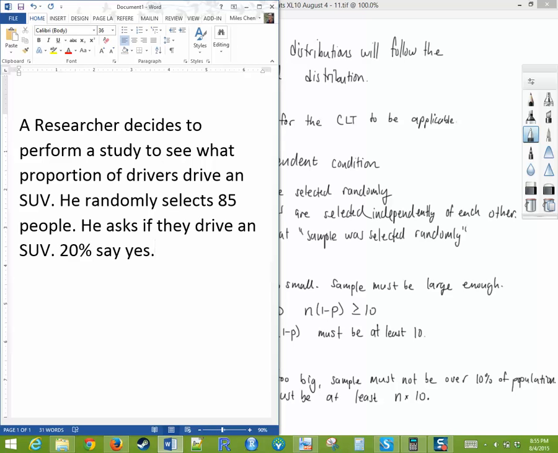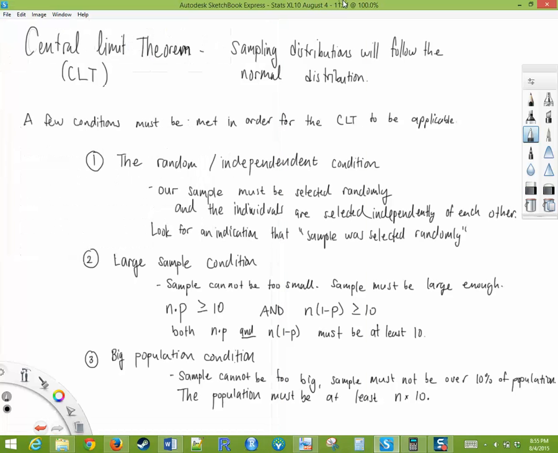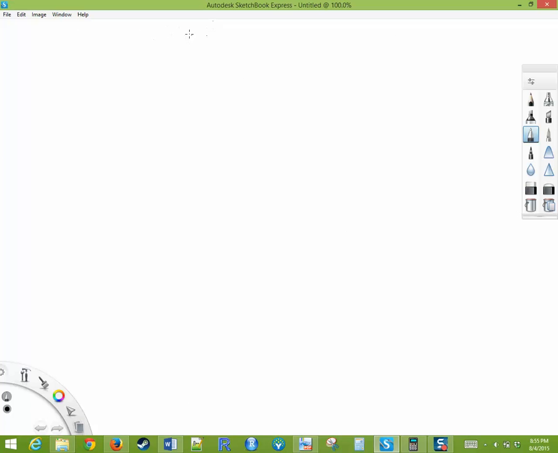So let's see. What are the conditions? The conditions are random independent, large sample, big population. So I'll list these off again. 1 is independent/random, 2 is large sample, and 3, big population.